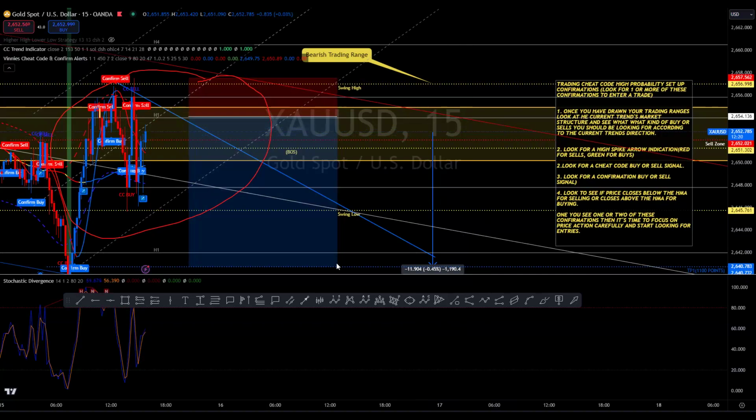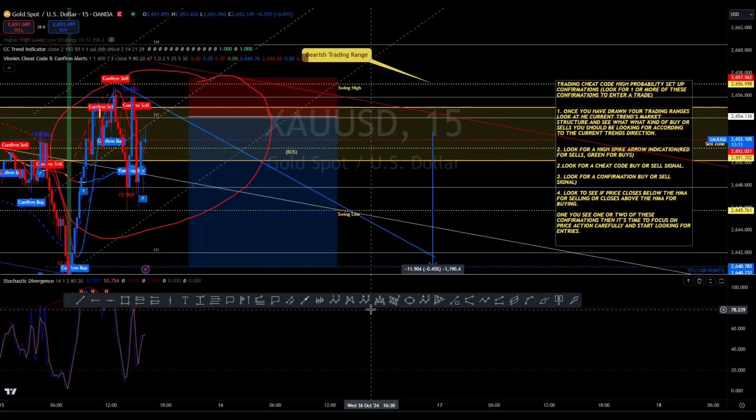It's looking like it. Maybe the 10 o'clock window will probably let us know what it's going to do.